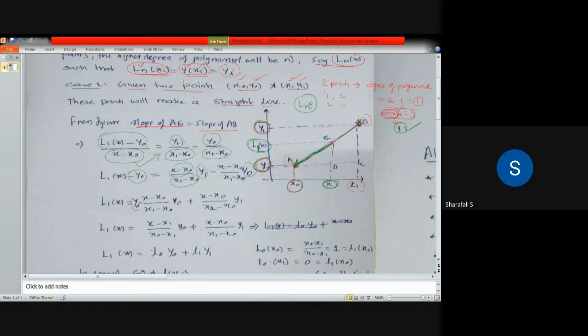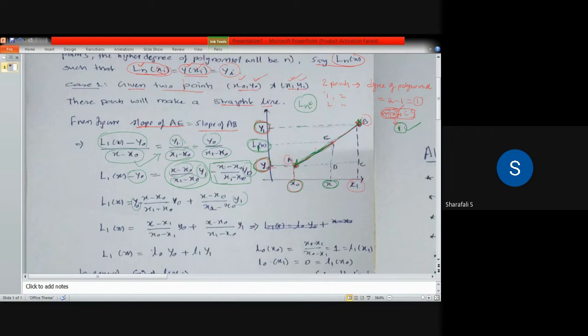So I have written that term here. Then I am considering this term first, with minus: y0 minus x0 by x1 minus x0 into y0, plus, then I am considering this term, x minus x0 by x1 minus x0 into y1. This is just for the order. We have y0 here, then y1, then y2. In that order we have to go.